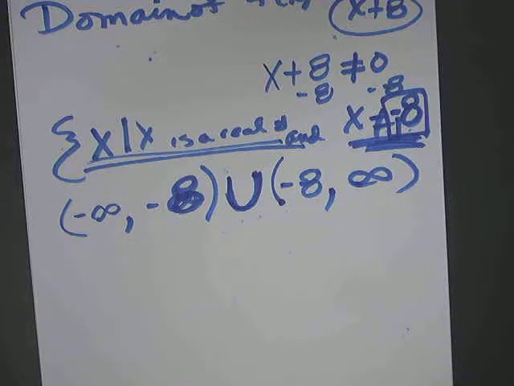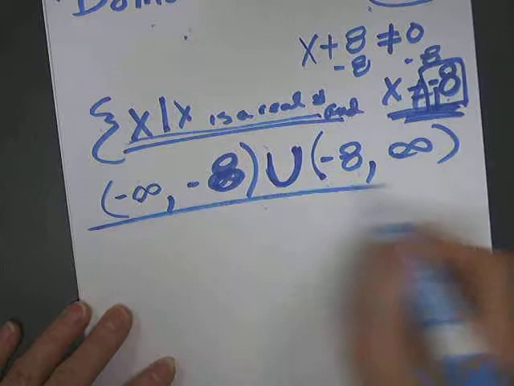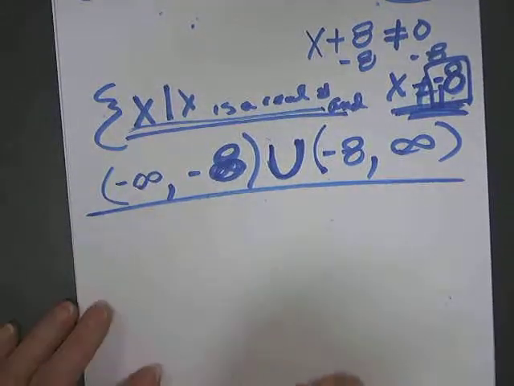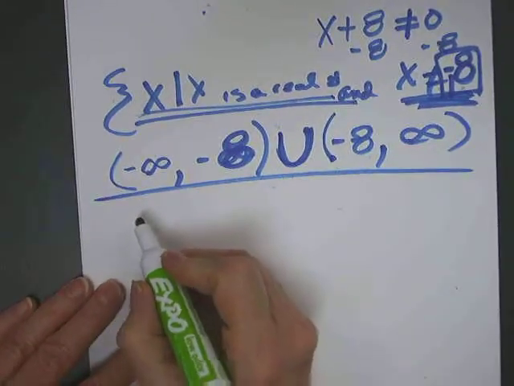How do you write that in interval notation? Remember? You start all the way at negative infinity, right? And you put a parenthesis, and you go all the way up to negative 8.